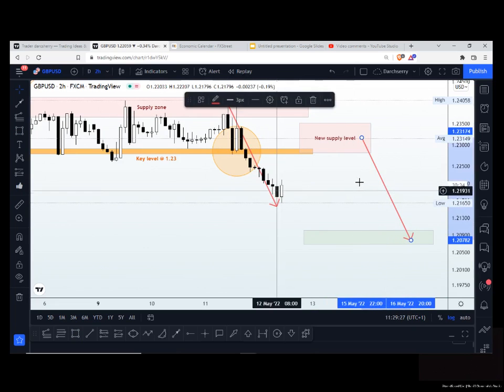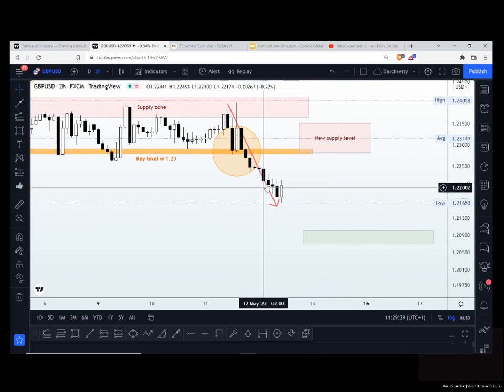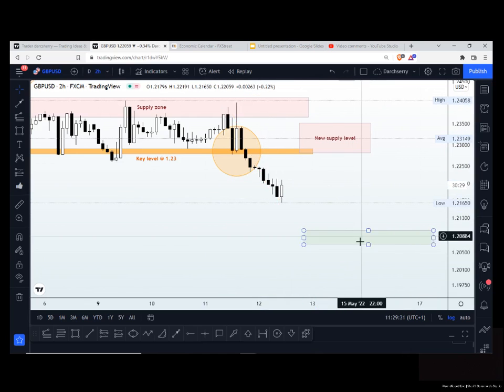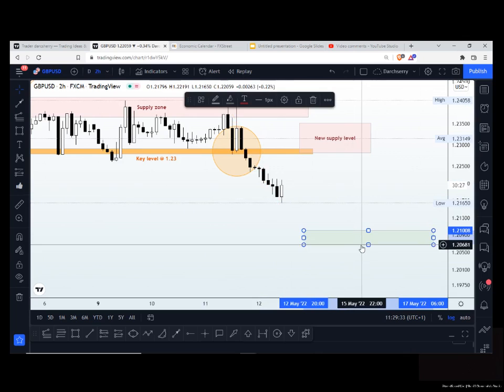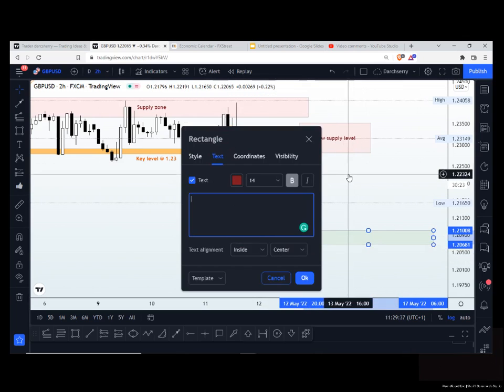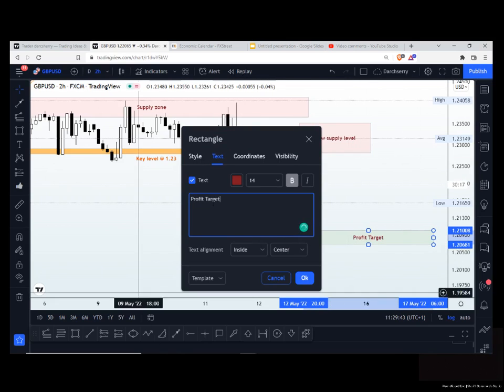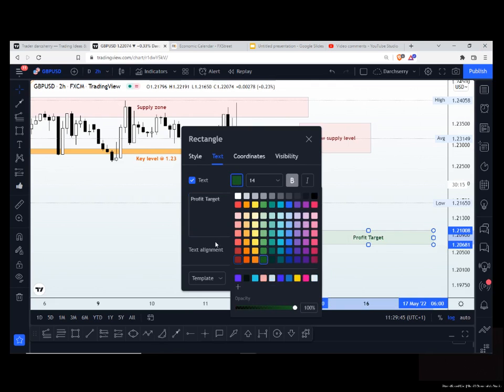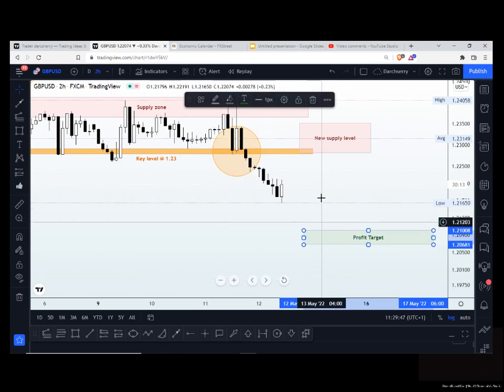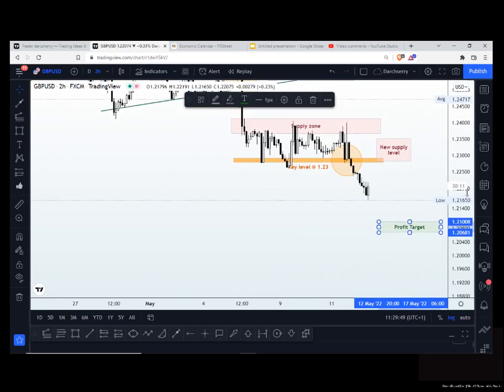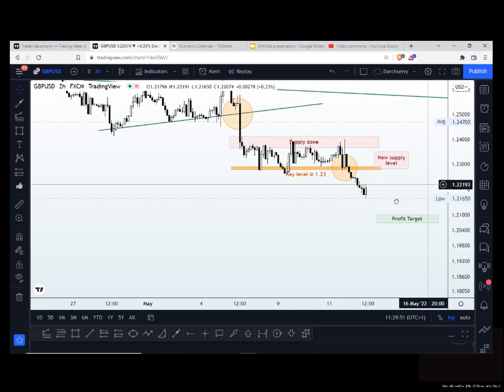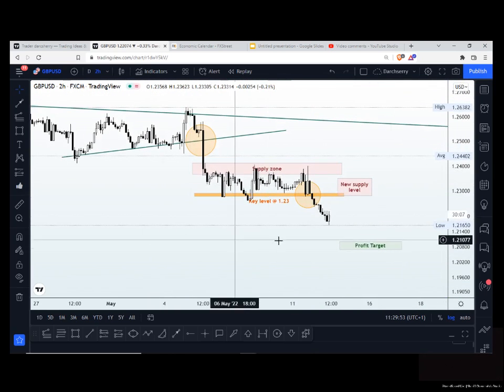So we might be having a profit target around that area in the next, we don't know, probably before the week runs out, or probably next week. So we have a profit target around that area that we'll be looking forward to at this point. So like I said, it's only advisable that we look out for selling opportunities at this point.